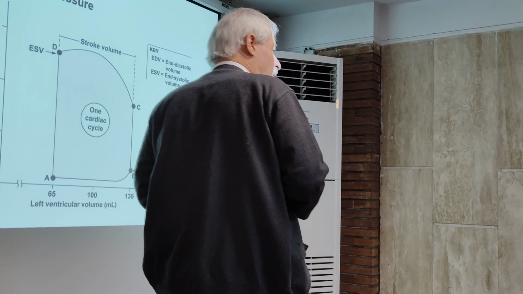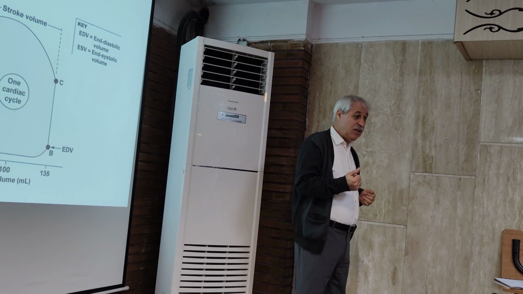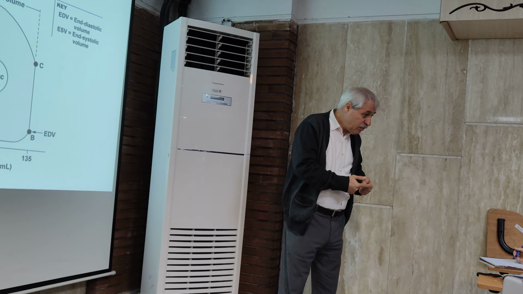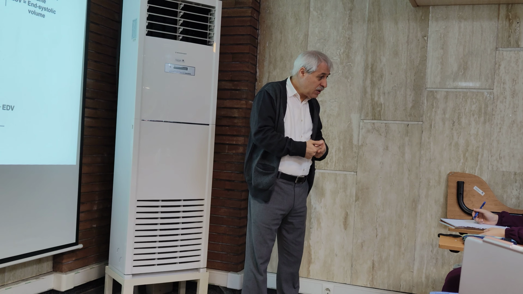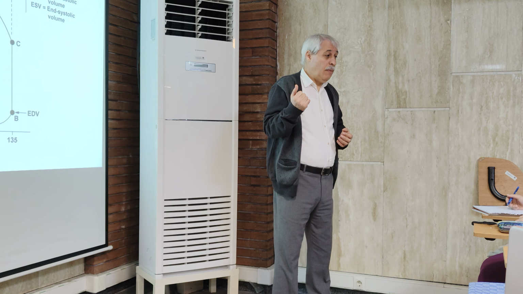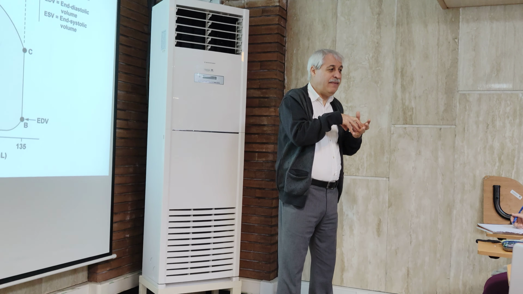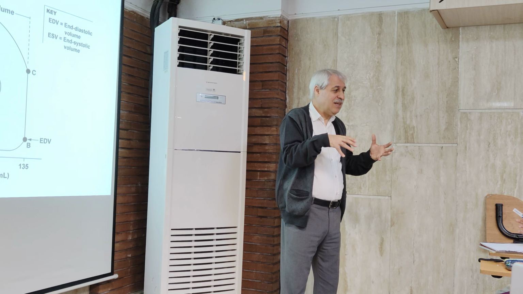In concentric, cardiomyocytes are added in parallel to each other. In eccentric, the amount of blood that is left in the heart at the end of systole is increased, because the heart cannot forcefully contract.